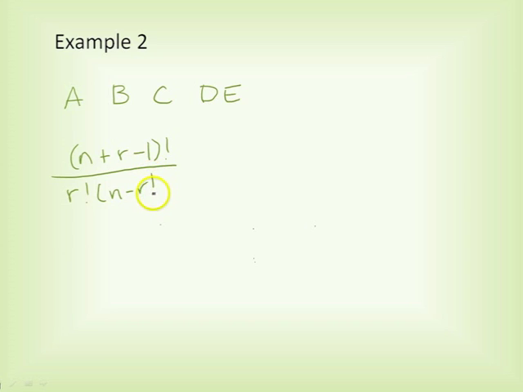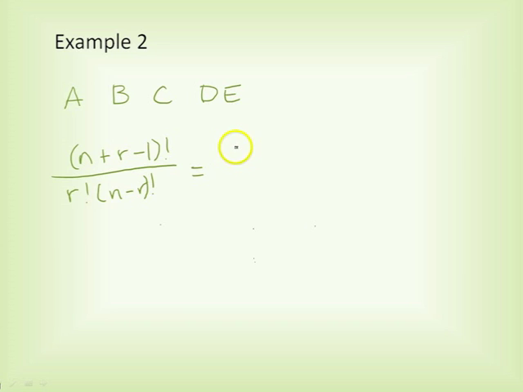For this example, we're again trying to make a meal out of 5 different food options we have to eat. We would like to choose 3 of these items to make our meal. The difference, though, is that we want to find how many different ways this can be done, assuming you can take as many of each item as you want. We use the combination with repetition equation, n plus r minus 1 factorial over r factorial times the quantity n minus 1 factorial.